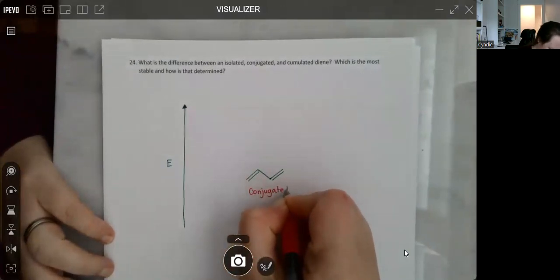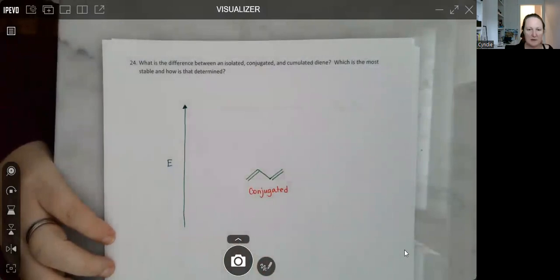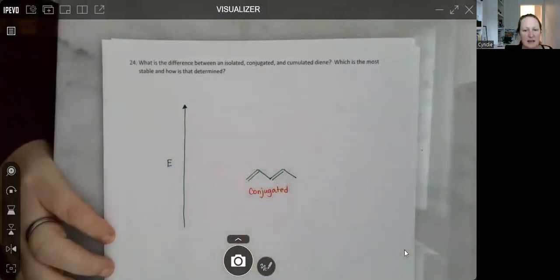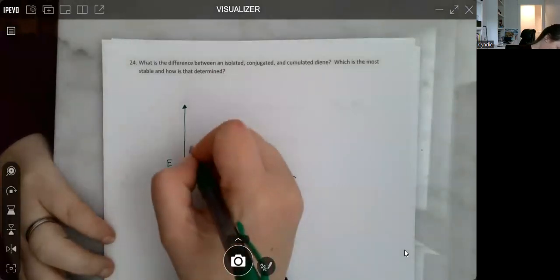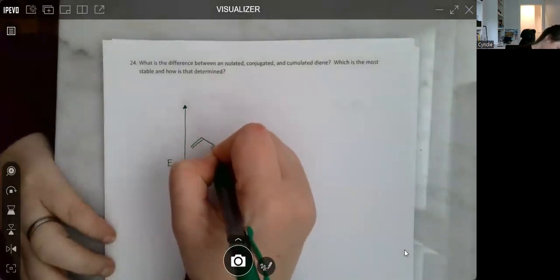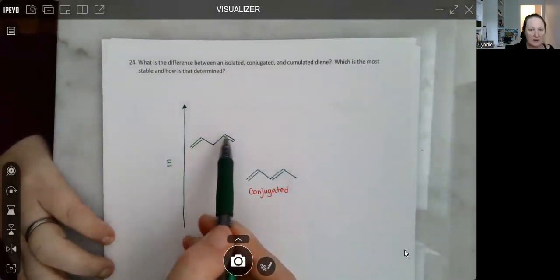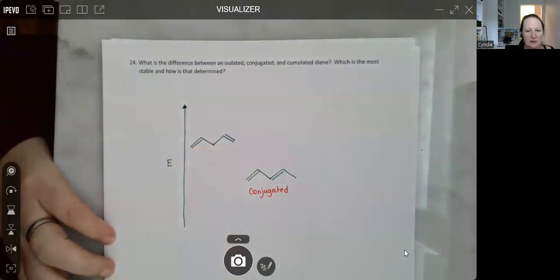And then maybe I'm going to make this a little bit bigger just so I can use the same number of carbons to form an isolated alkene. So that would be where they're alkenes, the p orbitals cannot overlap because they're not right next to each other.